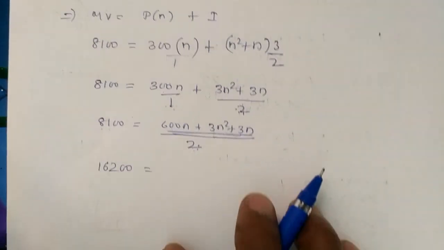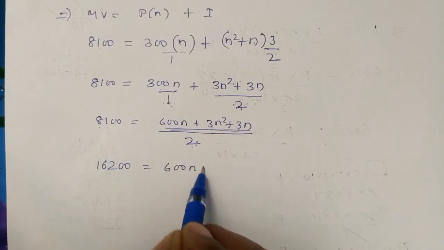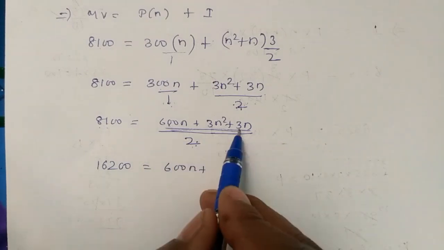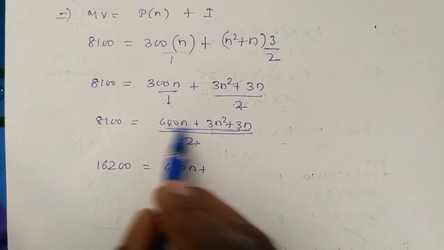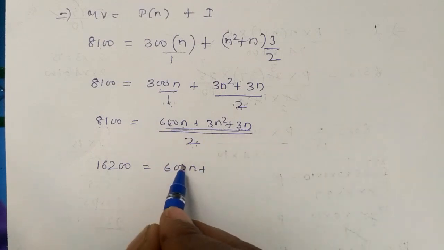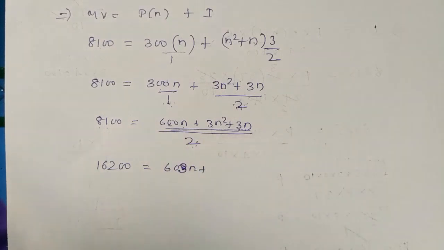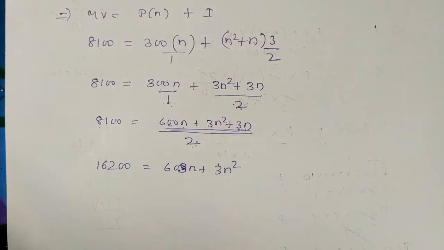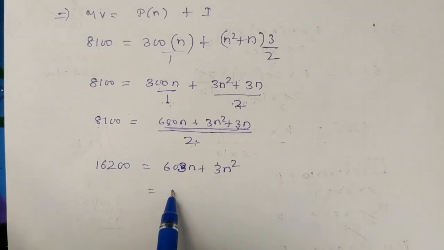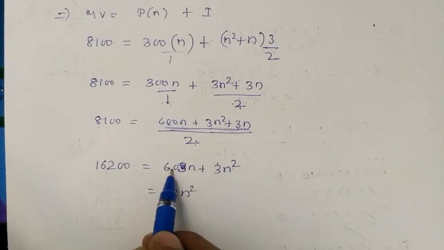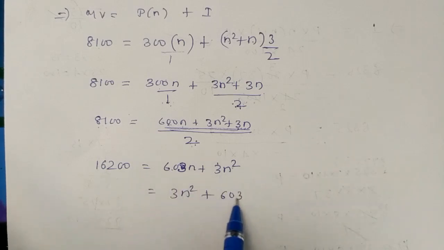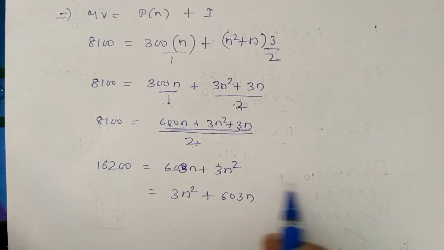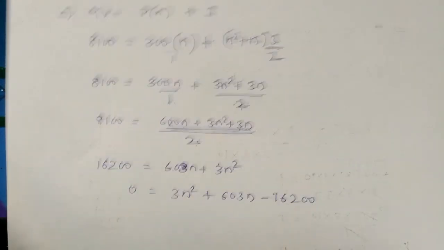16,200 is equal to 600n plus 3n, both are like terms. Now 600n plus 3n is 603n, plus 3n square. Now write 3n square first, then 603n, then shift 16,200 to the other side: minus 16,200 equal to 0.